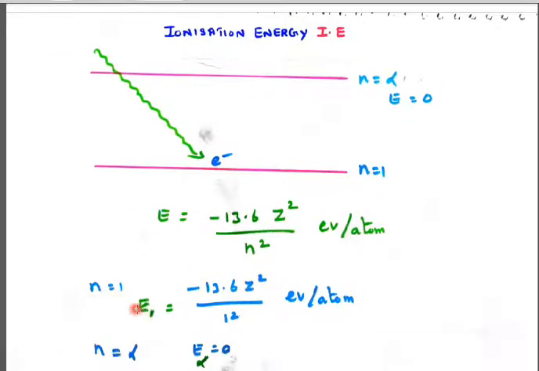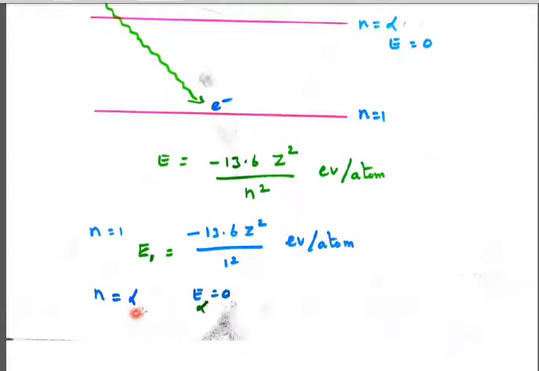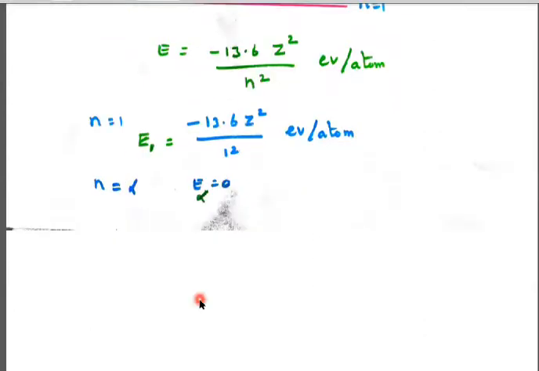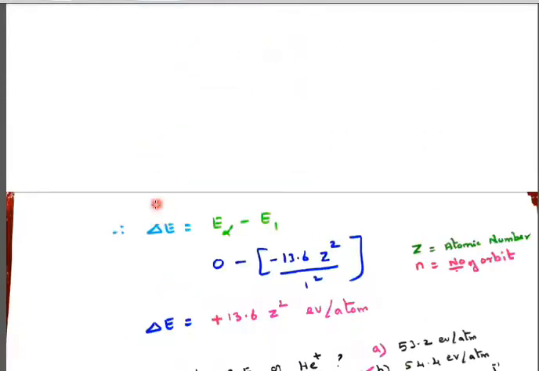So if n is equal to 1, E1 is equal to minus 13.6 Z square by n square. Z is nothing but the atomic number. So n is equal to infinity means the energy at the infinity level is equal to 0. So here E infinity is equal to 0.